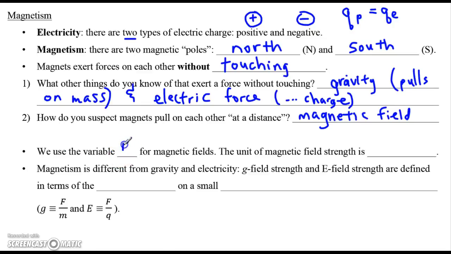We use the variable B for magnetic fields, and the unit of field strength for magnetic fields is the Tesla, T-E-S-L-A. We abbreviate it capital T. When you write out the word Tesla as a unit, it's actually lowercase t, but the abbreviation is capital.